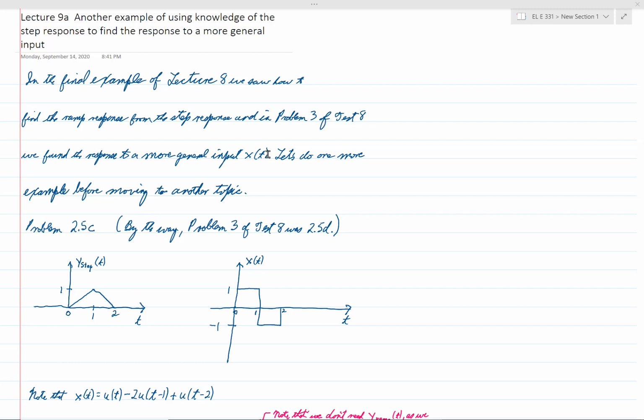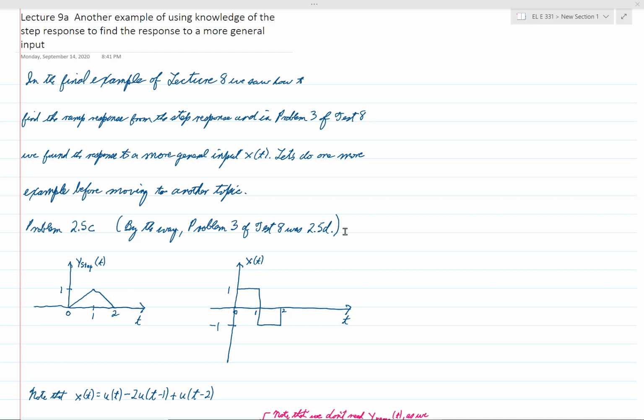Now, as I noted at the time, that problem 3 of test 8 was actually problem 2.5D in your book. And we found that to be a fairly complicated problem. The ideas behind it were not all that complicated, but actually executing the solution required some care, and it was a little bit tedious.